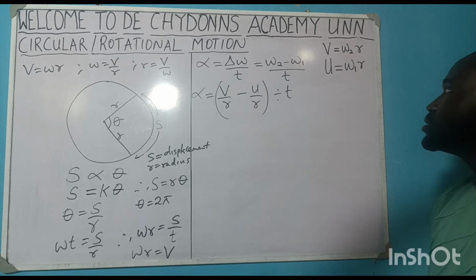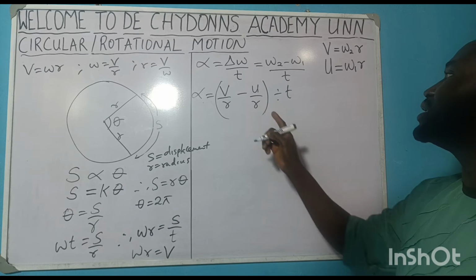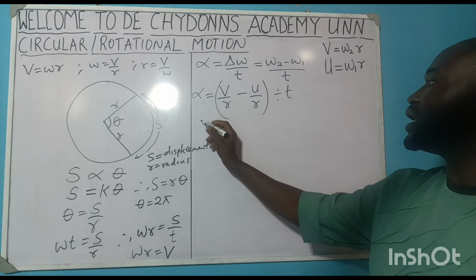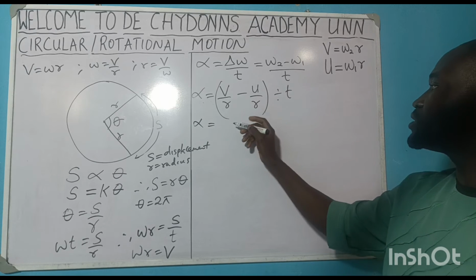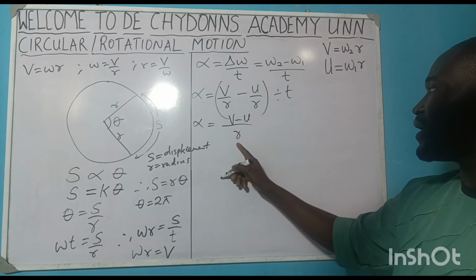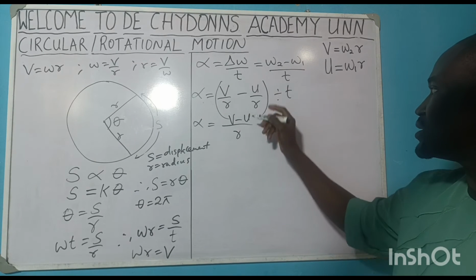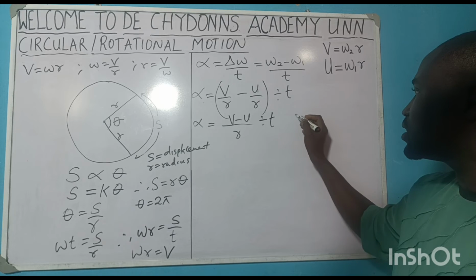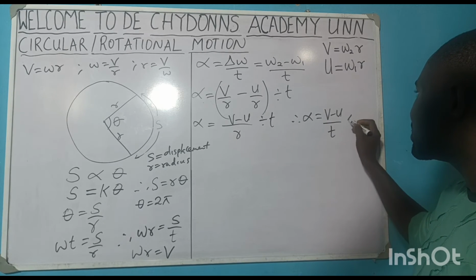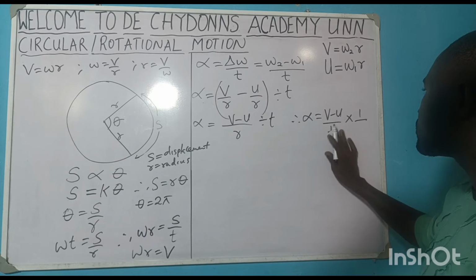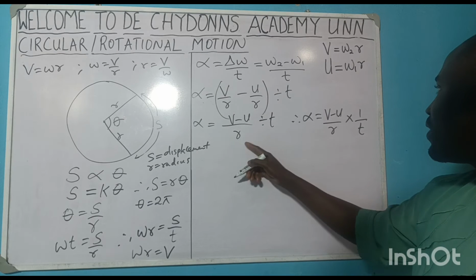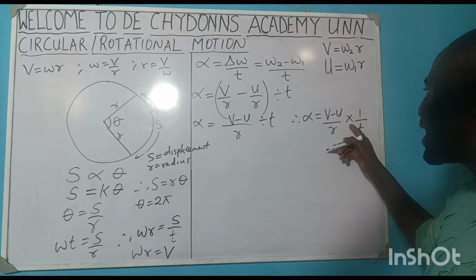Are you getting it? And so since it goes like this, this implies that the LCM is R, V minus U, divided by T. Therefore, this will be equal to V minus U all over T times 1 over R, that is, 1 over T all over R. Change division to times, invert.